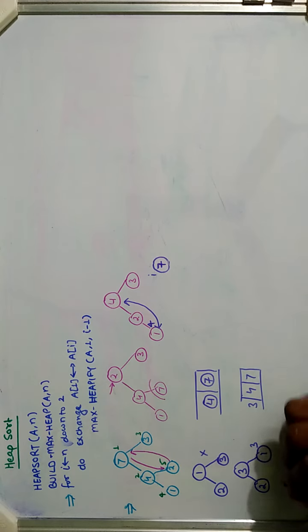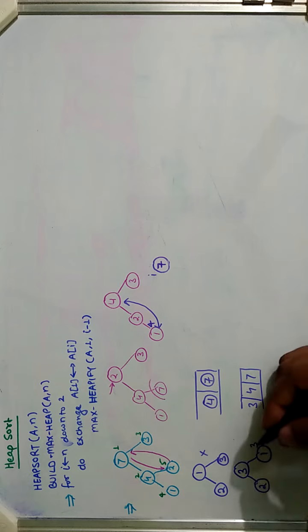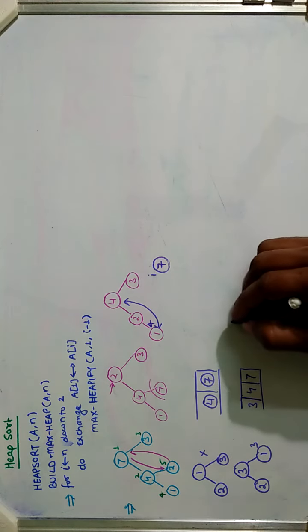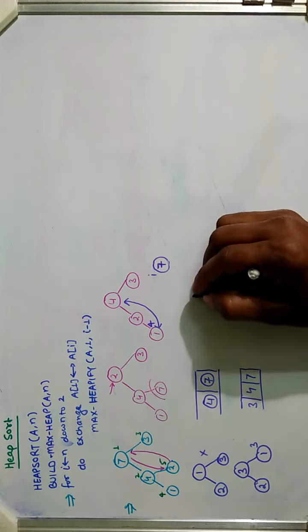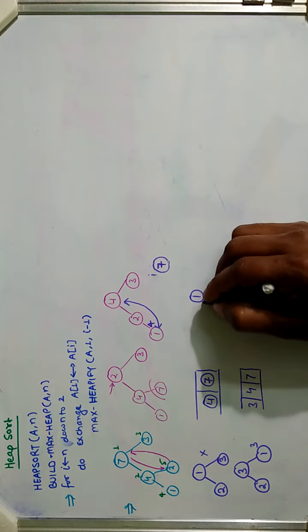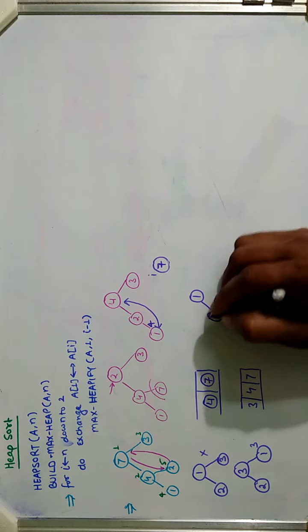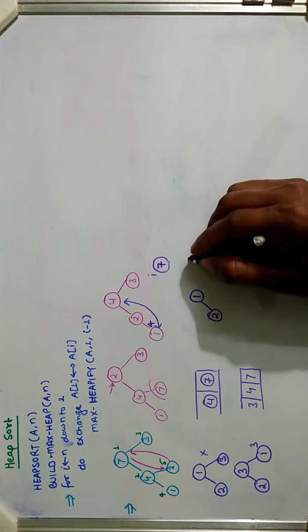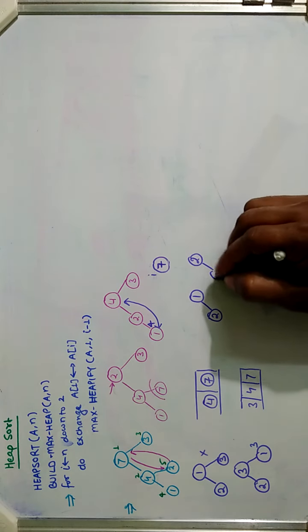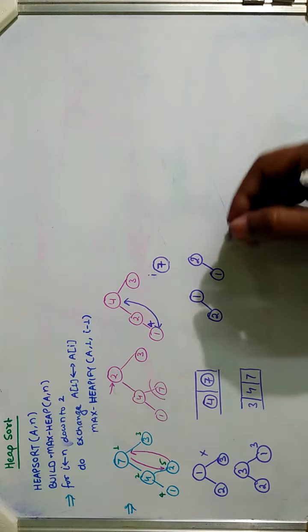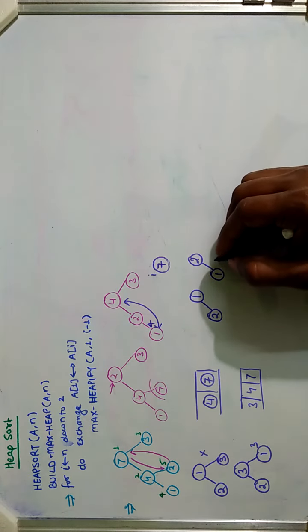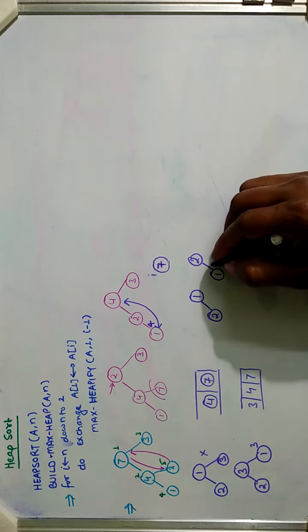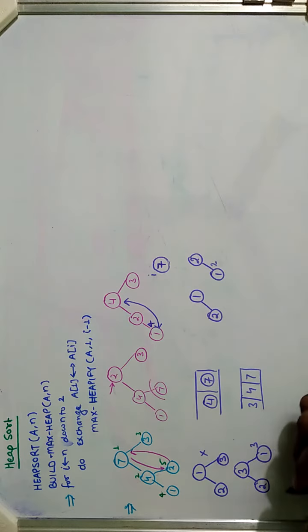In the array the remaining elements are 1 and 2, which are not in heap form. After applying the heapify, this would be the array. Now we apply the heapify on the second element.